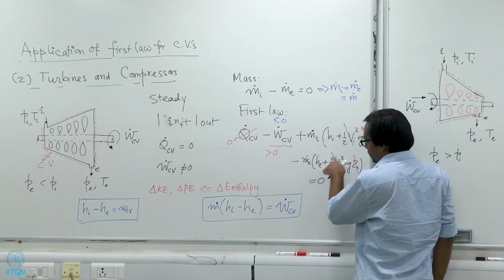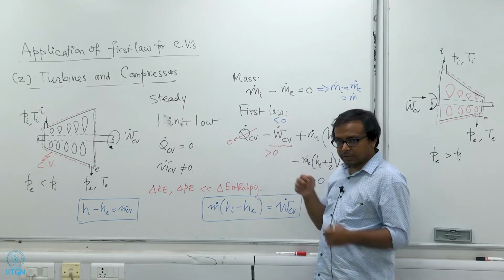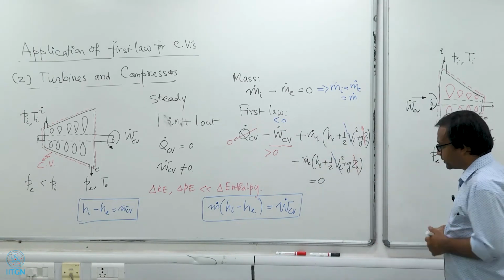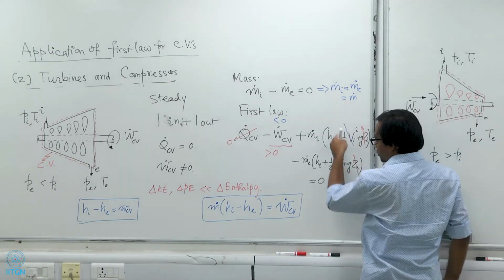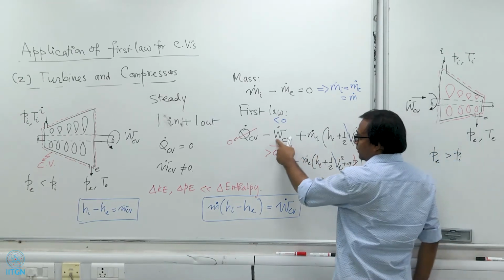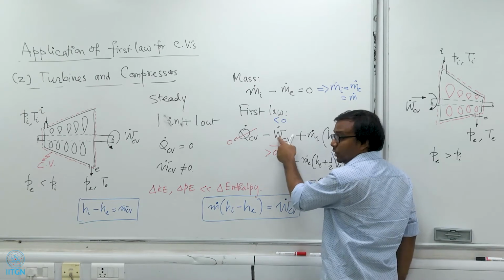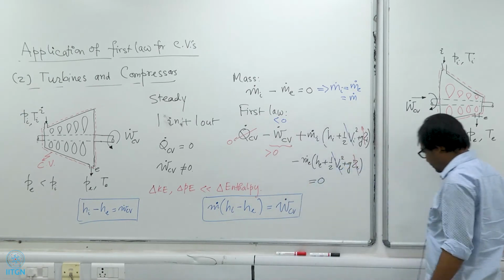So, what you are essentially doing is giving work input, and that work input is increasing the enthalpy of the fluid, that is what is happening in a compressor. For a compressor these two laws exactly remain valid. The only thing you have to remember is that the sign of the work input changes, because now you are giving work input to the control volume, and this is non-flow work.